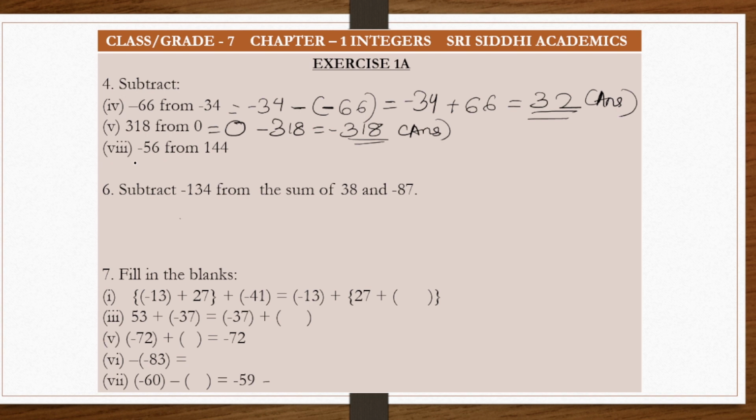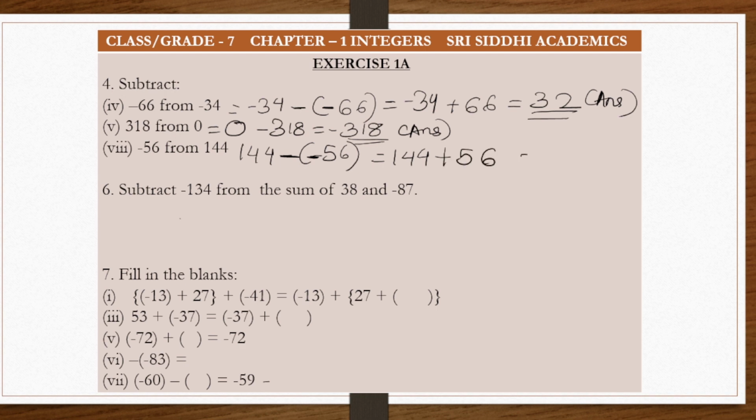Now the next question says minus 56 from 144. So 144 we will write first, and then minus of minus 56. Like before, this minus sign stands for subtraction, and this minus sign inside the bracket is for the negative integer 56. Since we have got the same sign outside and inside, minus and minus, it will be plus when we remove the bracket.